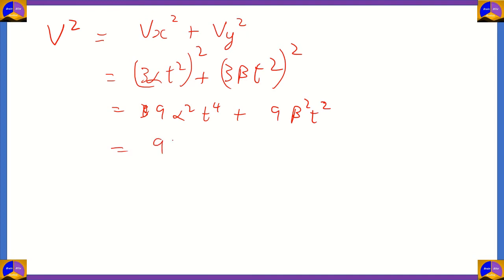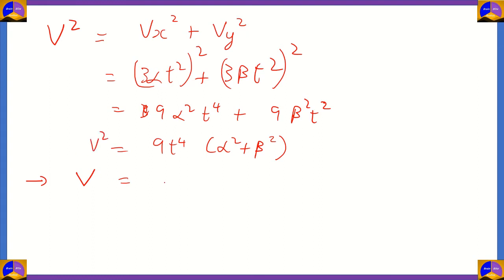You can take 9 t raised to 4 common. You will get alpha squared plus beta squared. Then you can take the square root of this expression.